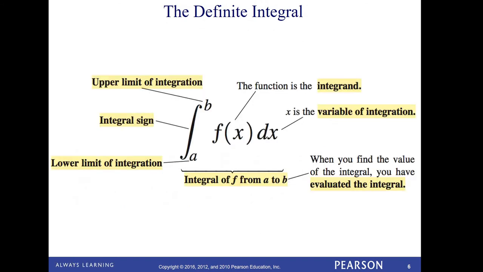Again, another diagram with the pieces. This is all stuff you did last year. The integral symbol, the lower limit and the upper limit of the interval of integration. The function is called the integrand. This is the variable of integration. And when you find this entire value, you have evaluated the integral, which again we know is the area under the curve.